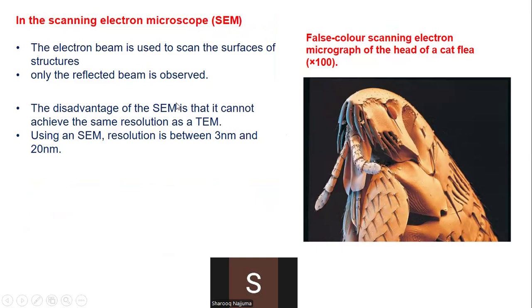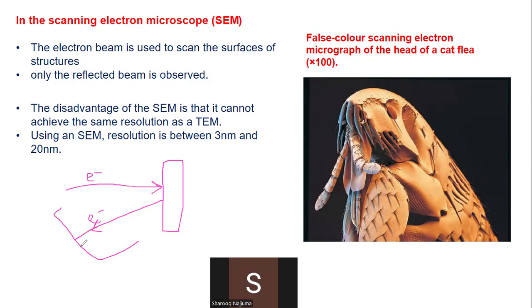So how does it work? If this is our specimen, and a beam of electrons comes in, that beam will not pass through the specimen. The electrons are going to be reflected, and then they fall on a fluorescent screen still. When they are reflected, they fall onto a screen, and an image is made on that screen.